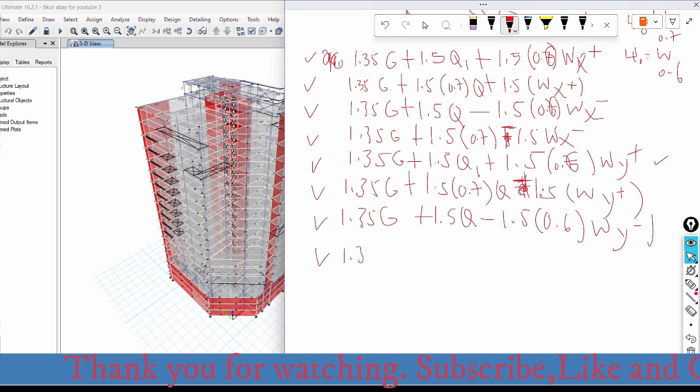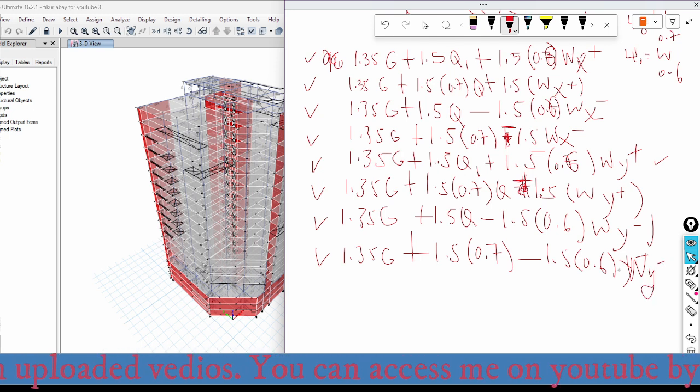And the other 1.35 times the permanent load plus 1.5, that is the first one, 1, 2, 3, 4, 1.5 times 0.7, minus 1.5 with 0.6 in the y negative direction, that is wind y negative direction.